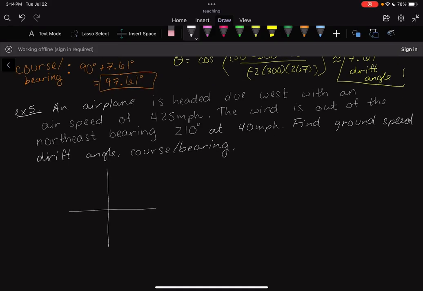So I've got north 0 degrees, east 90, south is 180, and then west is 270. So our plane is heading west. So I'm starting from the middle and it's going to the west, 425.